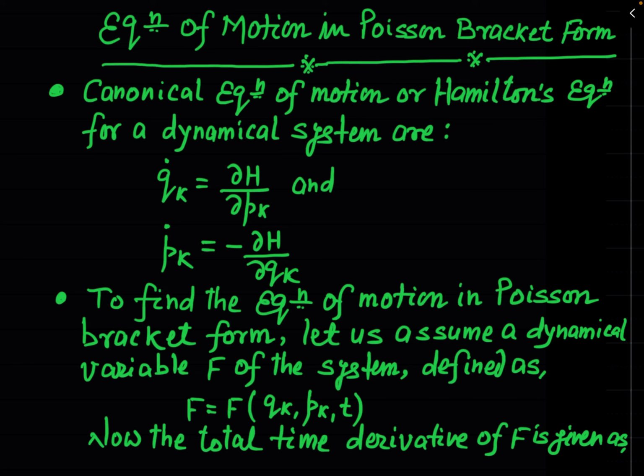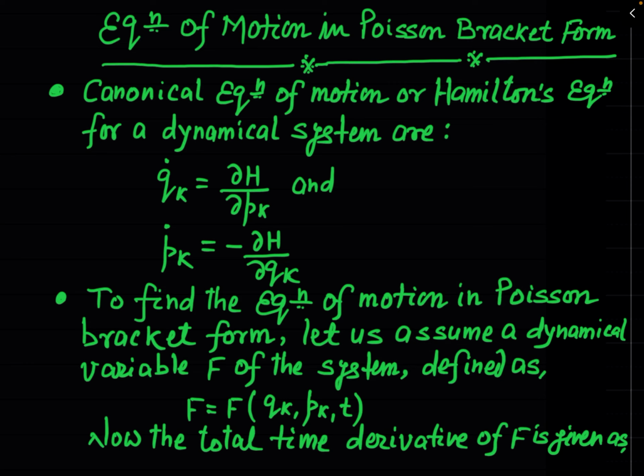Now, after getting the idea of Poisson bracket, we can see that the equation of motion of a dynamical system can be expressed in terms of Poisson bracket, and you will find its usefulness in concepts discussed later on. In fact, the equation of motion in terms of Poisson bracket is very convenient to remember, and its utility is also very large in discussing dynamical problems.